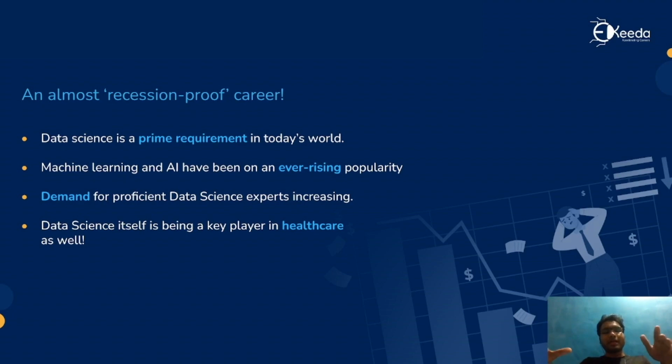Data is the oil for machine learning and AI. Without data, machine learning and AI can't survive. Because of the increase in consumption and production of data, machine learning and AI have been rising over the years, and because of that, the demand for proficient data scientists is also increasing.